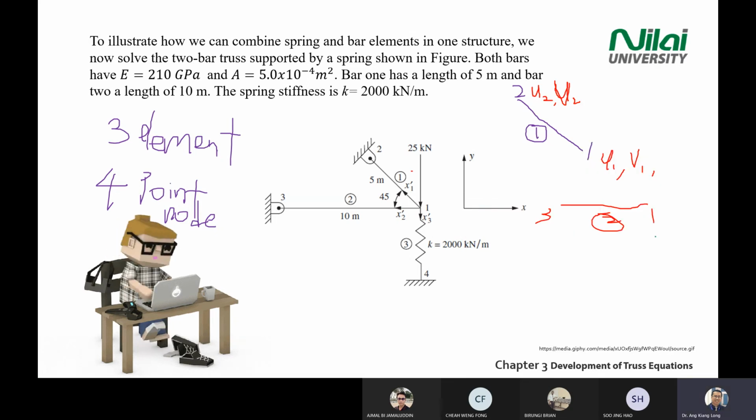Point 1 can move in the x and y direction: u1, v1, where v1 is the y direction according to the axis. Point 3 is also the same, you have u3, v3. So for element 2, you need to solve 4 displacements here. Agree?